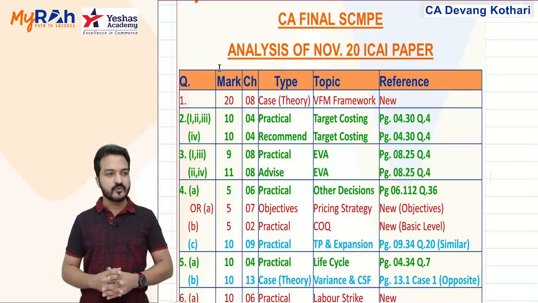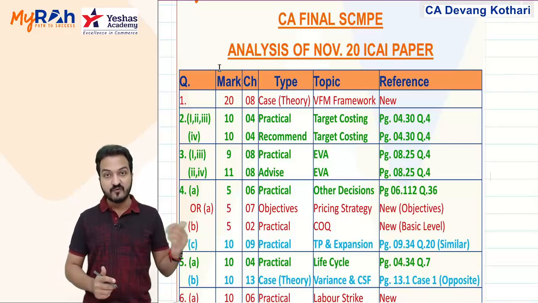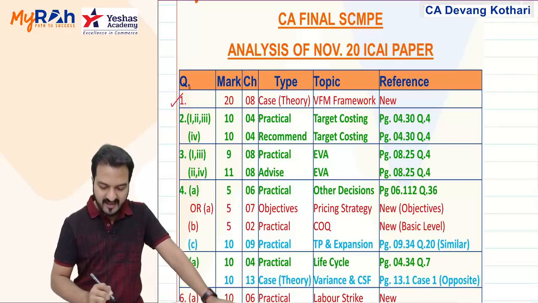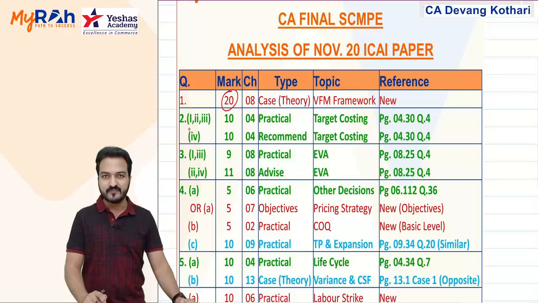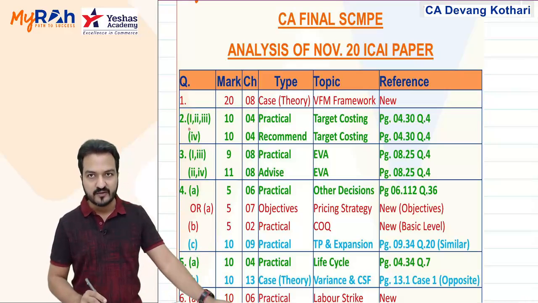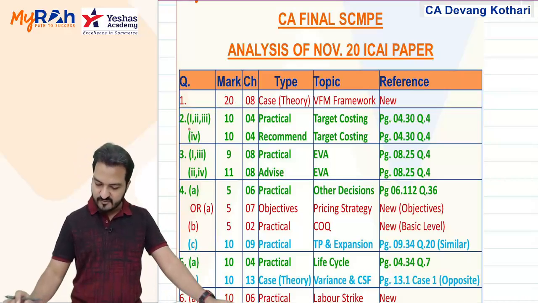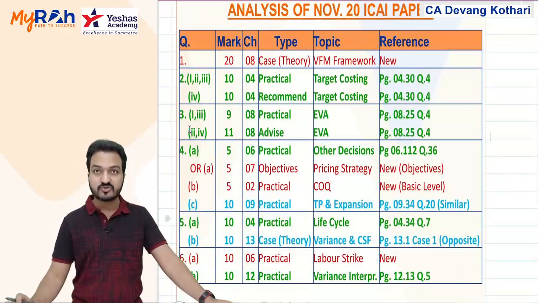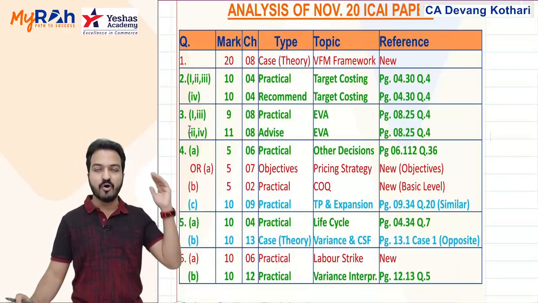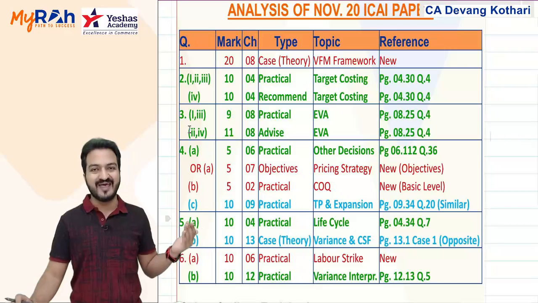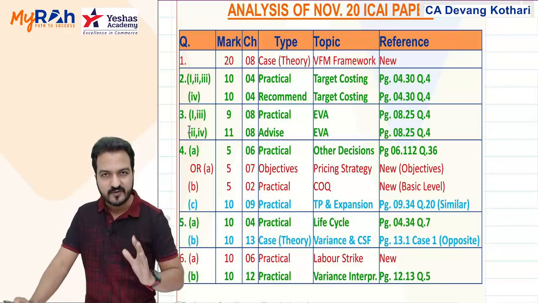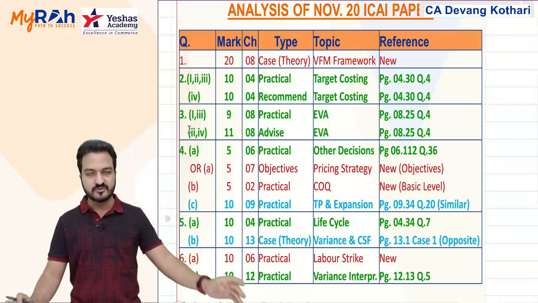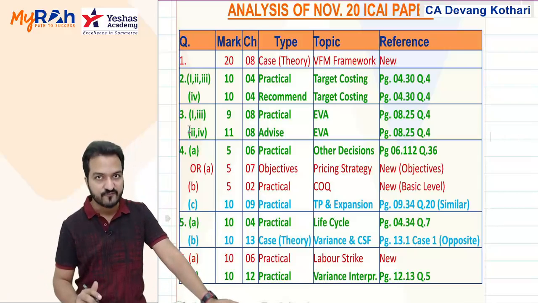As usual, 6 questions in the paper, and the first question is a case study as usual, which will be 20 marks. Now, if you notice what I have shown you here, I have given some color coding. Color coding over here refers to the source of the question. All the questions that I have mentioned in green are directly from my book, so that would have been much easier for you to solve.